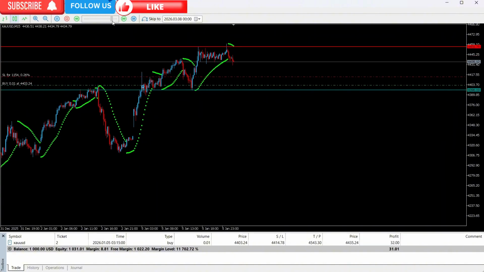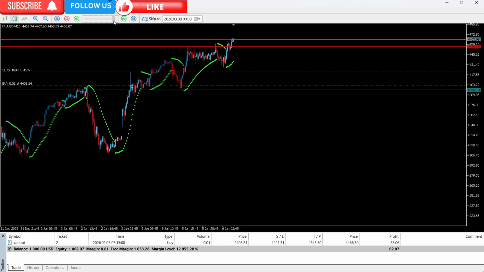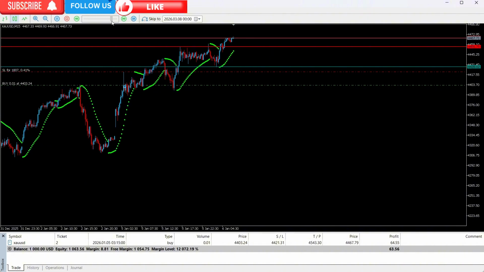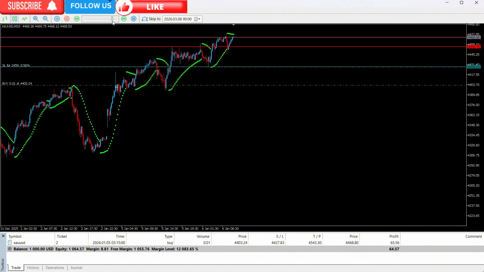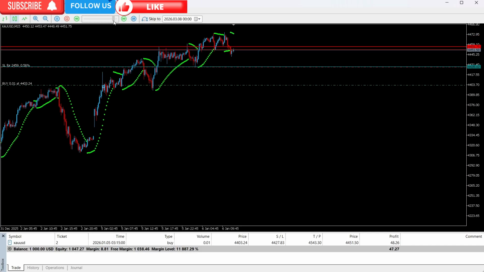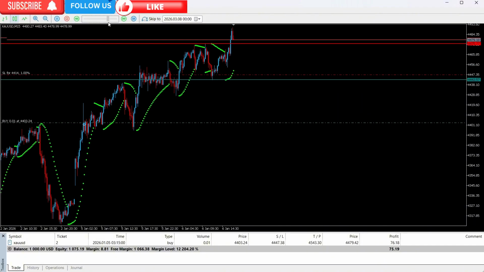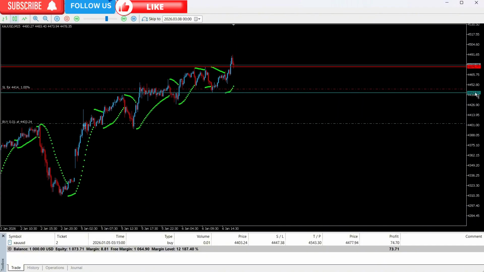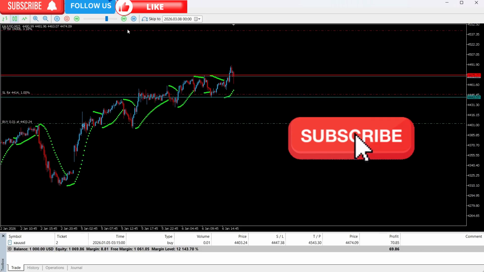So you can see price has just trailed again. Now you'll see as price goes up, it trails the stop. You don't see the stop now because the liquidity line's above it or on it. As you can see, price trailing the stop. Equity is at $70 or so.